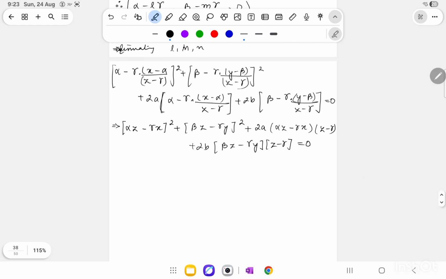So this is my required equation of the cone.